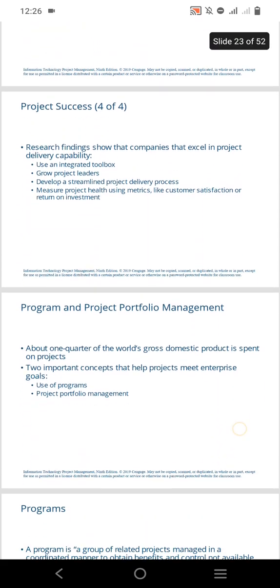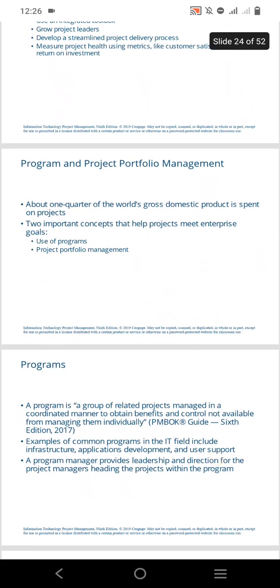We have what is known as project and project portfolio management. There are 2 important concepts that help projects meet enterprise goals, and these concepts are the use of programs and project portfolio management. What are these programs?